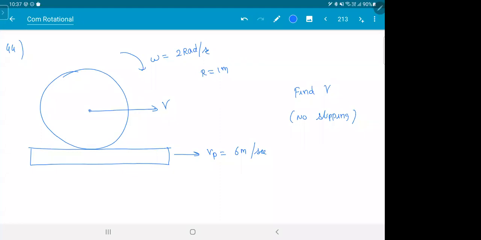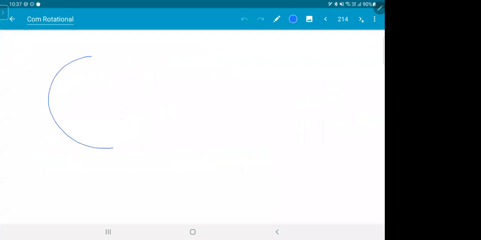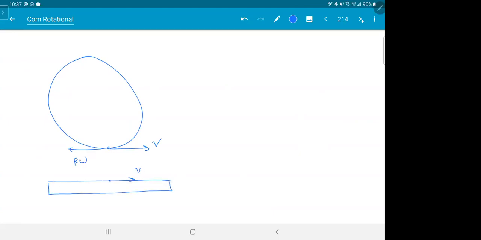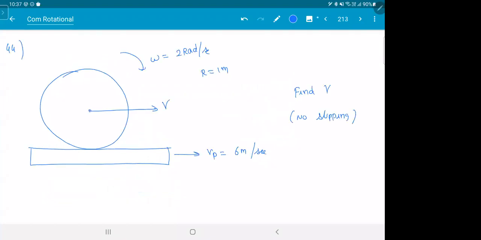Let's see. One thing is, is everyone getting how I'm taking r omega's speed? Look, rotation is this way, so it is going this way, this way, this way, this way.